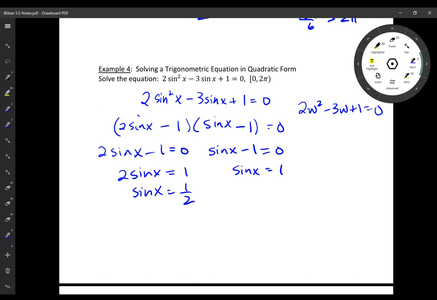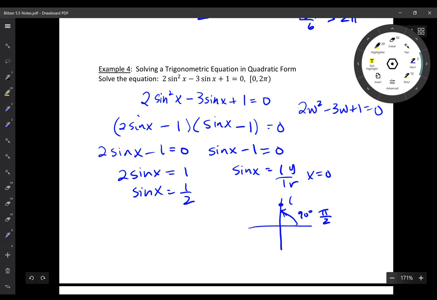So I'm going to go ahead and draw out sine x equals 1. That means my y is 1, my r is 1, and my x is 0. So this one's only going to be here at 90 degrees, which is pi over 2. And when sine is 1/2, I already drew that one out, but I'll draw it again.